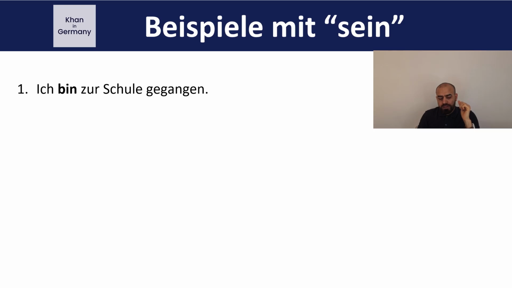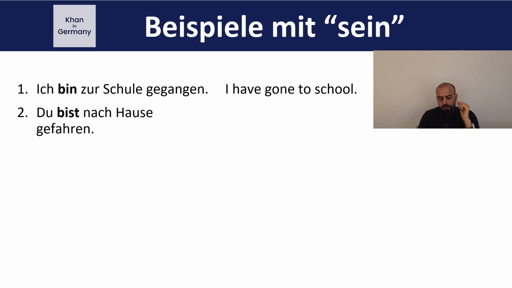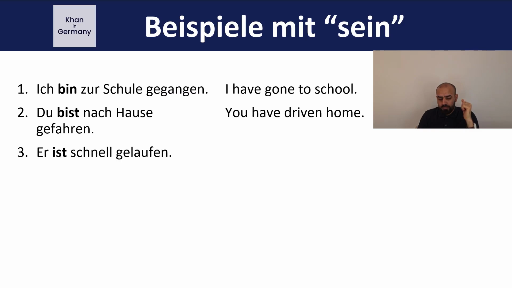And with sein, ich bin zur Schule gegangen. I have gone to school. Du bist nach Hause gefahren. So you see, it's all about movement now with sein. Gegangen, gefahren. You have driven home.